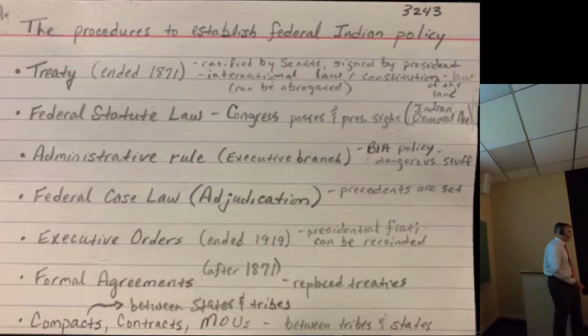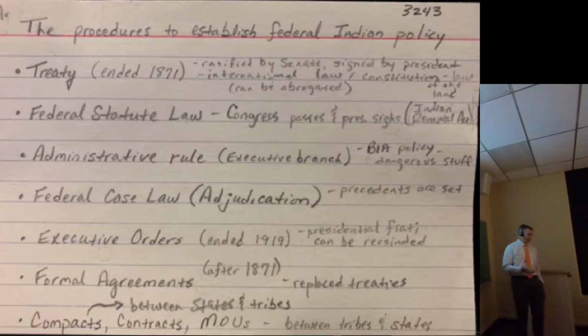They rescind that policy. Okay, and we saw that, of course, with Trump rescinding all of Obama's stuff, and getting rid of a lot of the executive order stuff that Obama had put into place without voting. So the executive orders were actually pretty important, and there were a lot of Indian reservations that are established with executive orders. So we'll see some examples of that.